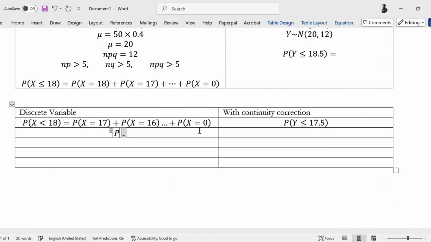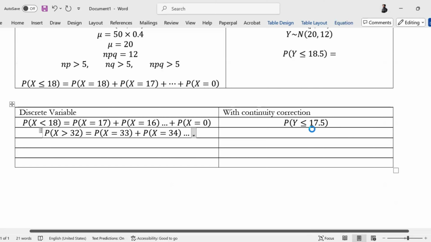Similarly, if I would have had probability X is greater than 32, then obviously I would have started from 33, moved on to 34, then all the way till n.